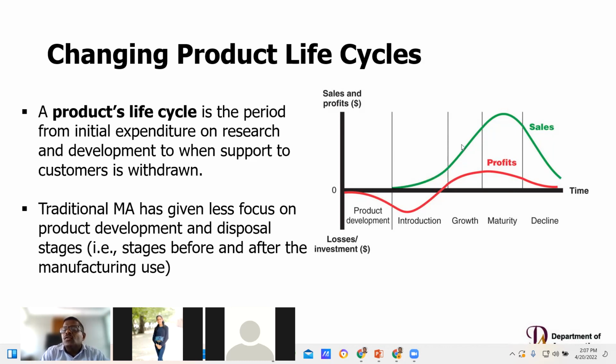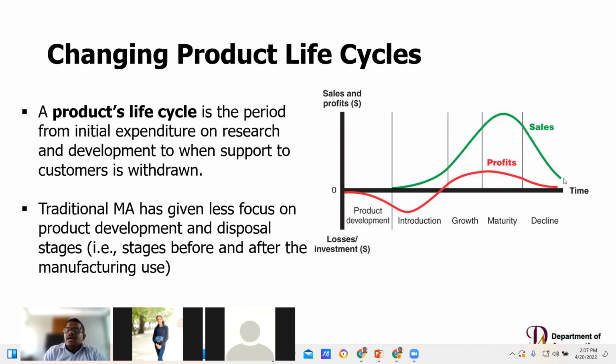Then the growth, of course, you see the slope of the curve is a little bit steeper. So we call it the growth phase. Then maturity, slow growth, but you get the peak sales, the maximum sales. Then again coming down, we call it decline.